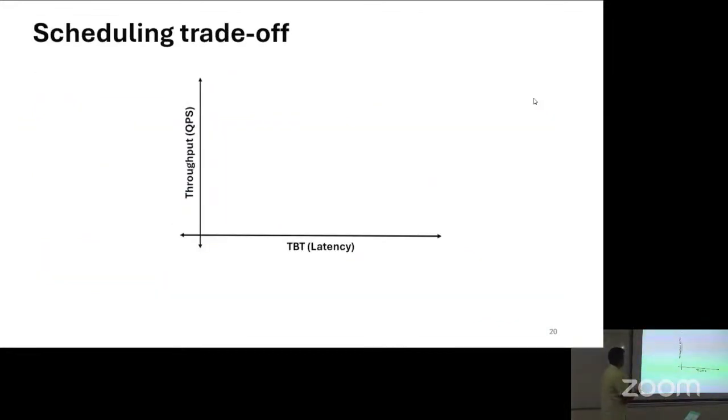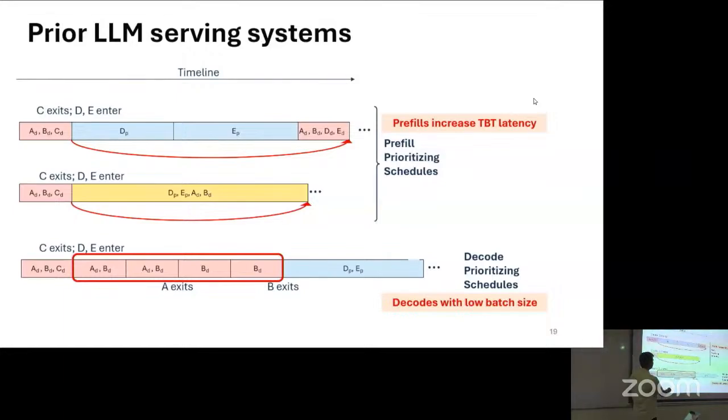So let's look at this scheduling trade-off between throughput and latency. How are different systems dealing with it? This strategy was followed in a system called FasterTransformer, one of the first systems for LLM inference by NVIDIA.